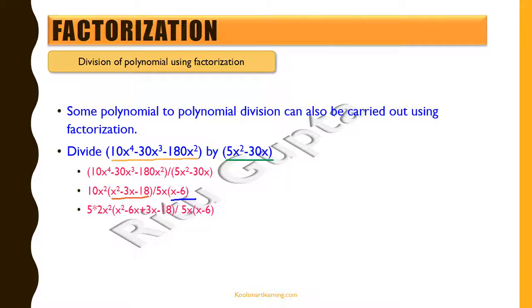Now after doing that, we can write 10x square as 5 into 2x square, and we can also factorize x square minus 3x minus 18 using the splitting the middle term method, and we make it x square minus 6x plus 3x minus 18, and the denominator remains as such.